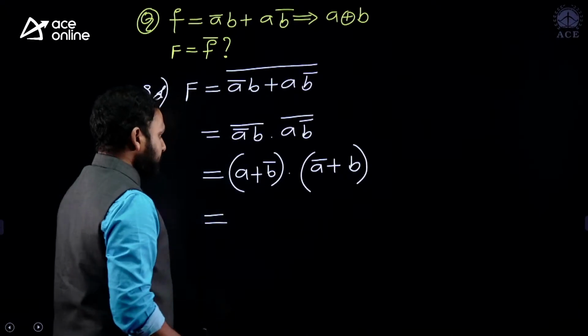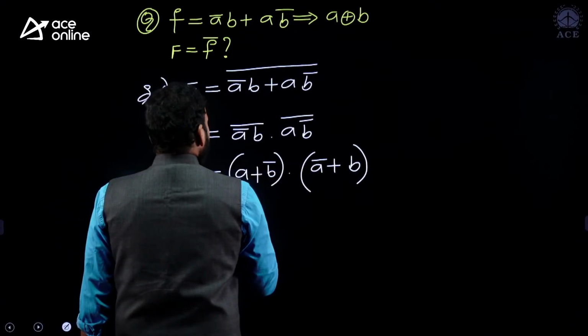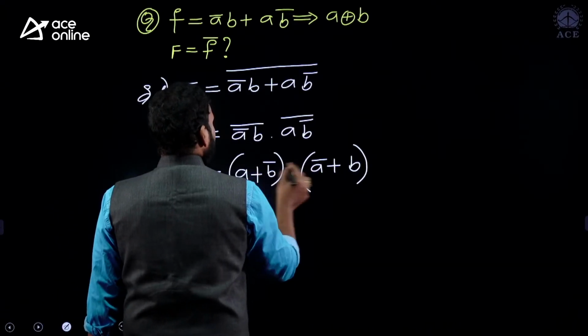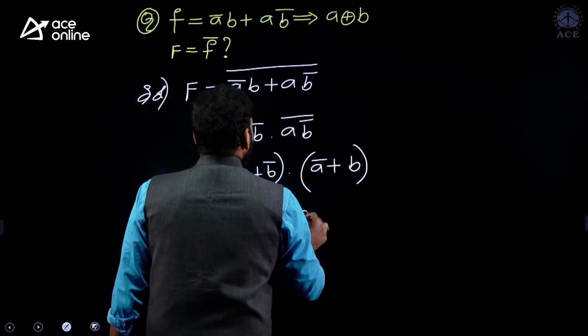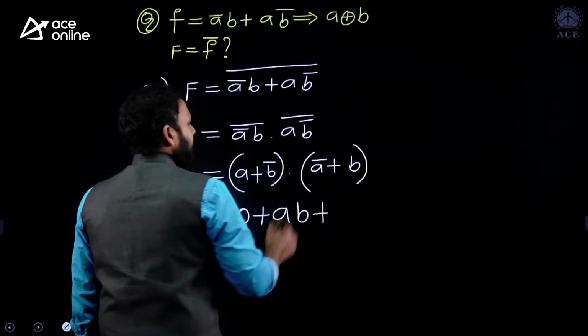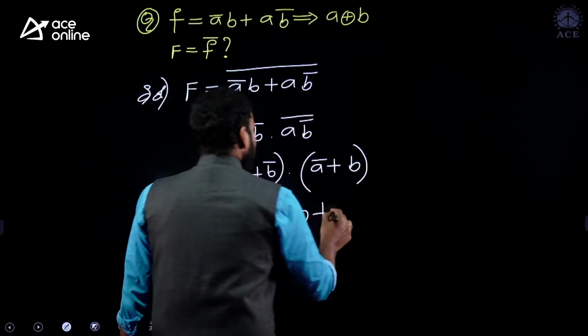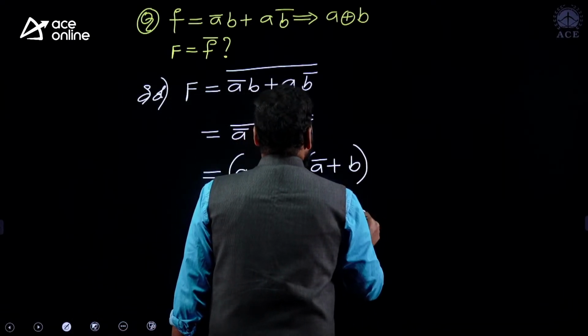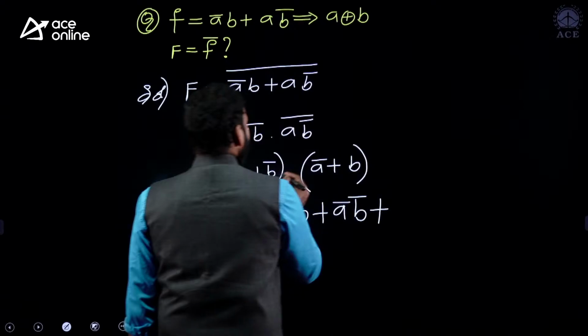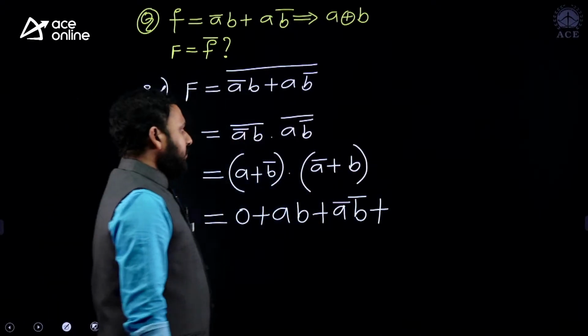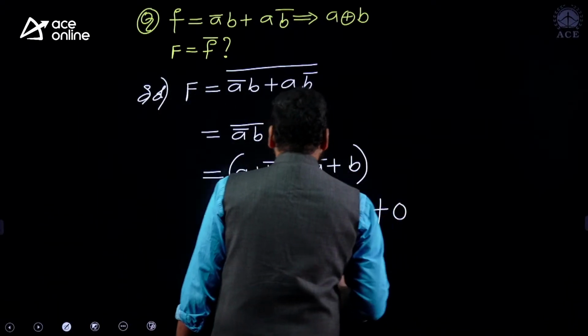We can write it as A into A bar, 0, plus A into B, AB, plus B bar dot A bar, or A bar dot B bar, plus again B dot B bar will become 0.